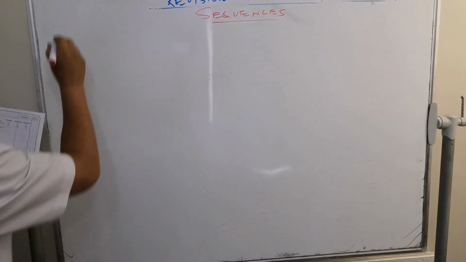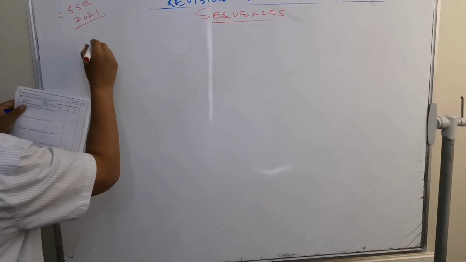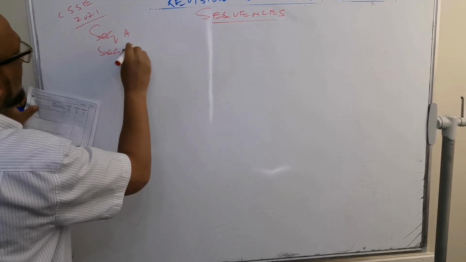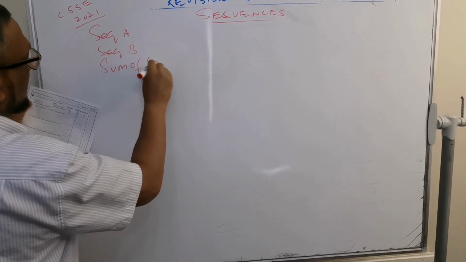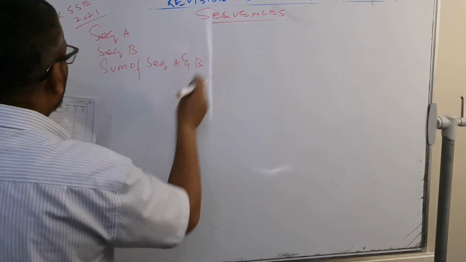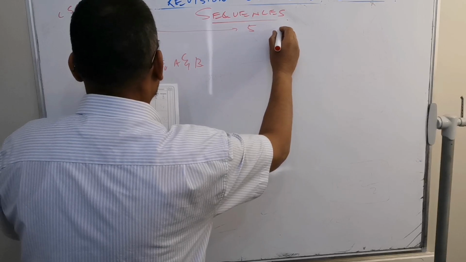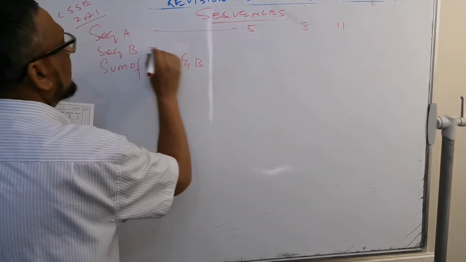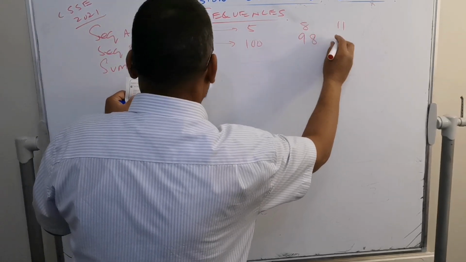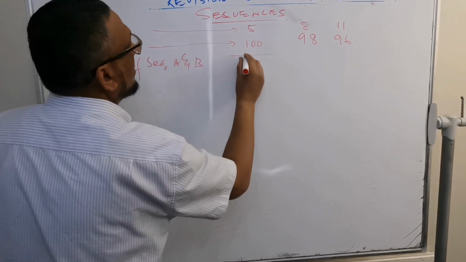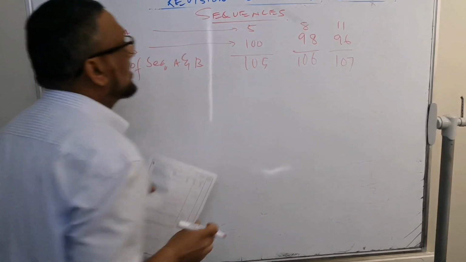It is CSEC 2021, and the question says here: sequence A, sequence B, and the sum of sequence A and sequence B. Sequence A is 5, 8, 11, and sequence B is 100, 98, and 96, and its sums is 105, 106, and 107. This is the sequence given.